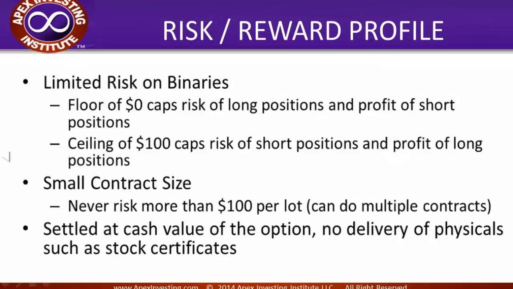Now, they're always settled at the cash value. There's no delivery, no physical, there's no stock certificates, no futures delivered to you. You don't have any gold bars being delivered at your doorstep. When it expires, if it expires at 8 o'clock, usually within a few seconds, if not, a couple minutes, it'll automatically calculate that expiration. It's on autopilot, okay?